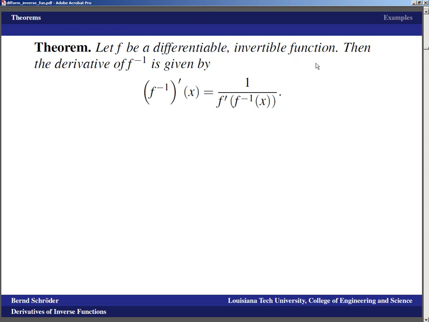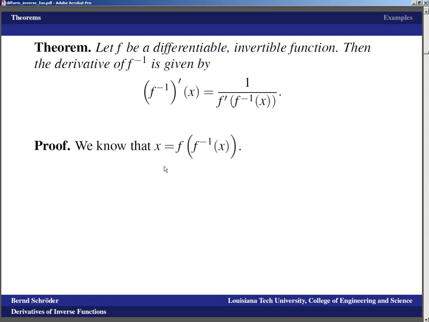Then the derivative of the inverse function is given by f inverse prime of x being 1 over f prime of f inverse of x. And even though that formula looks kind of strange, it's quickly derived, which is what we're going to do first, and then we're also going to look at the geometry of the whole situation, which is actually quite beautiful.